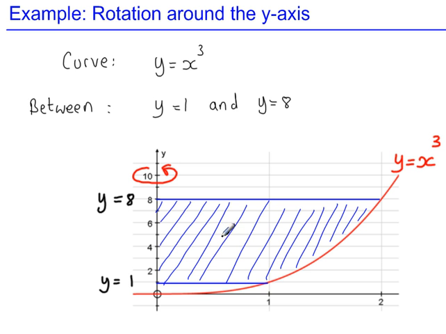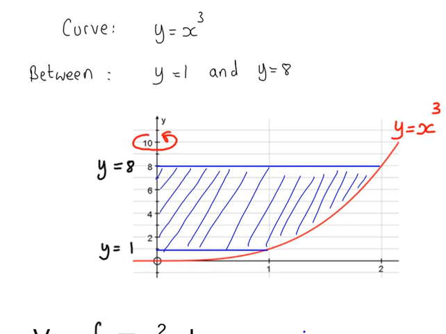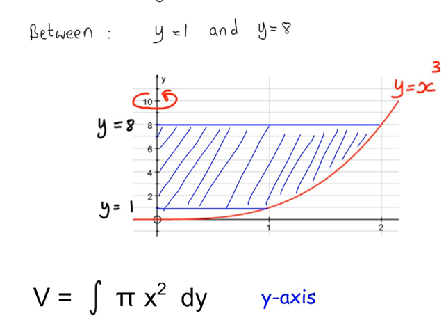The area here is bound between the curve y equals x cubed and these two horizontal lines, so y equals 1, y equals 8, and this region is going to be rotated, so we need the standard formula here, and in here the limits would be 1 and 8.